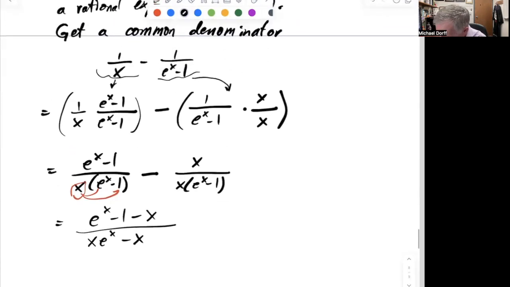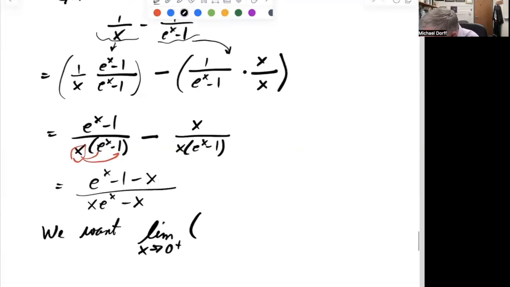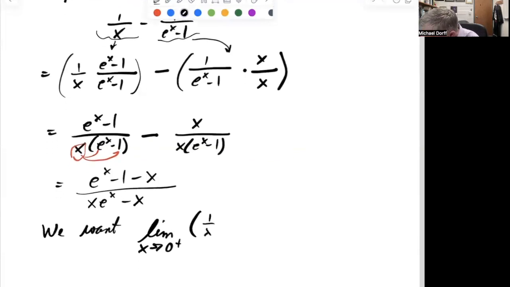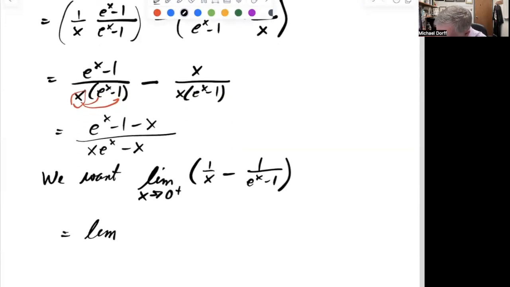Okay, so we want the limit as x goes to 0 from the right of, again, the original problem was 1 over x minus 1 over e to the x minus 1. We've now rewritten that. What's in the parentheses there, we've rewritten to be e to the x minus 1 minus x over x e to the x minus x.